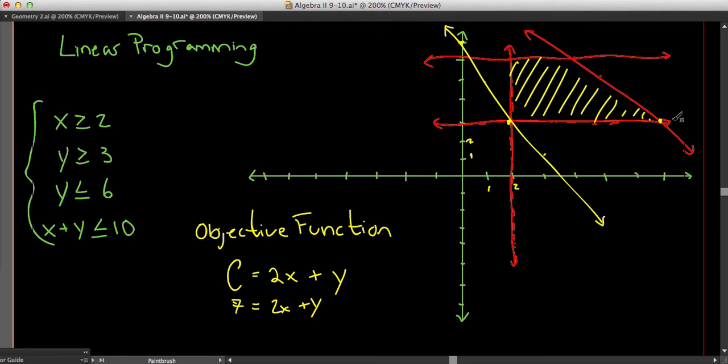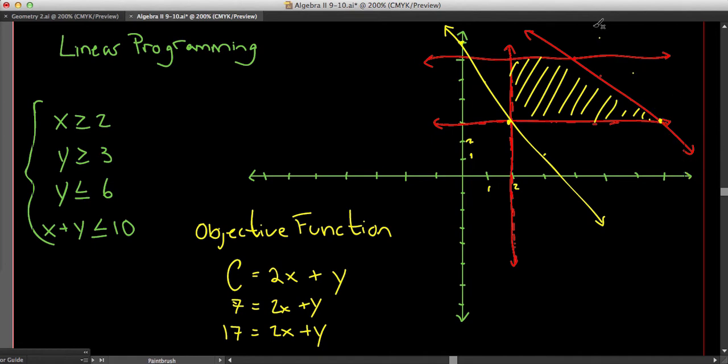So how is that going to work? Well, again, we have a slope of -2, so if we were going to go up 2 and to the left 1, and then up 2 and to the left 1, and continue to do that, we would eventually get to a y-intercept of 17, so 17 equals 2x plus y. And this is going to be the line that actually maximizes our function.